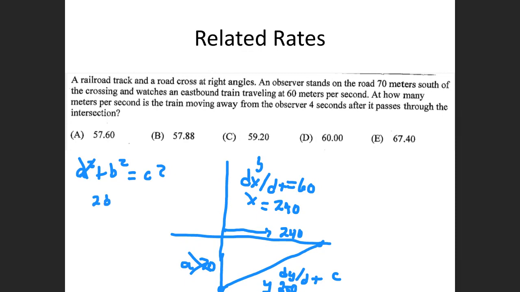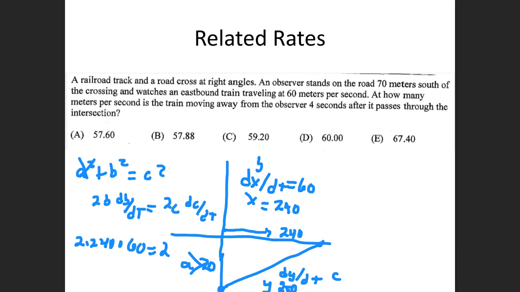And remember, anytime we're doing related rates, you take the derivative, and then b db dt is equal to c dc dt. Remember I changed this to b's now. So this is going to be 2 times 240 times the rate that it's traveling, that's 60, is equal to 2 times c.